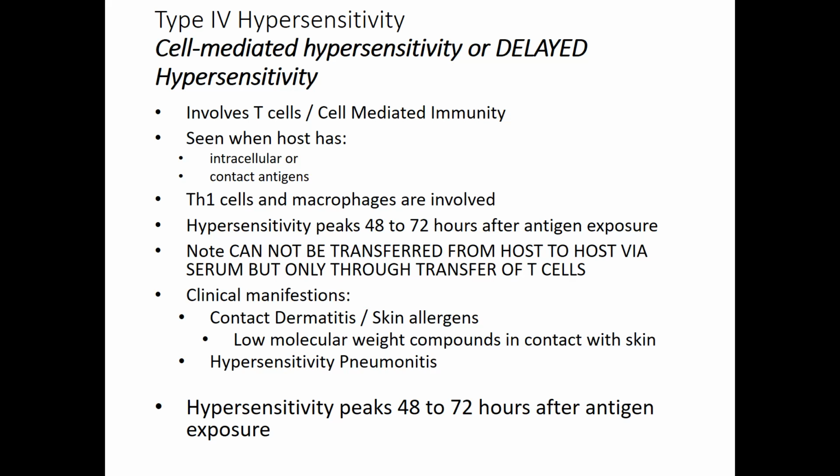Because this is cell-mediated, the hypersensitivity reaction is delayed and generally peaks 48 to 72 hours after a patient has been exposed or a host has been exposed to the antigen.